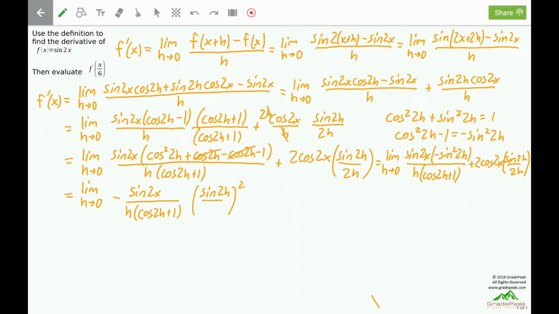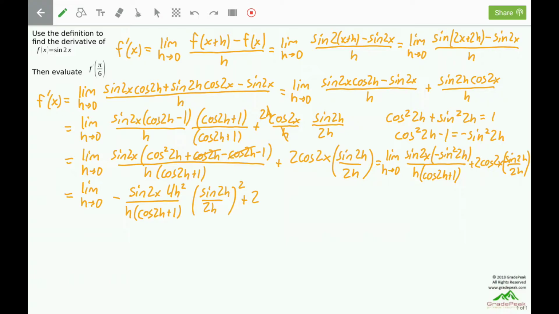It's squared, so it's quantity squared is how I'm going to write it here. And now I need to phase match that one by putting a 2h in the denominator. Now that's a 2h quantity squared, which is 4h squared, so I'm going to compensate by putting a 4h squared in the numerator of the other fraction, so those would cancel back out and go back to the original. But the reason we did that is that sine of 2h over 2h as h goes to 0 will limit to a 1.